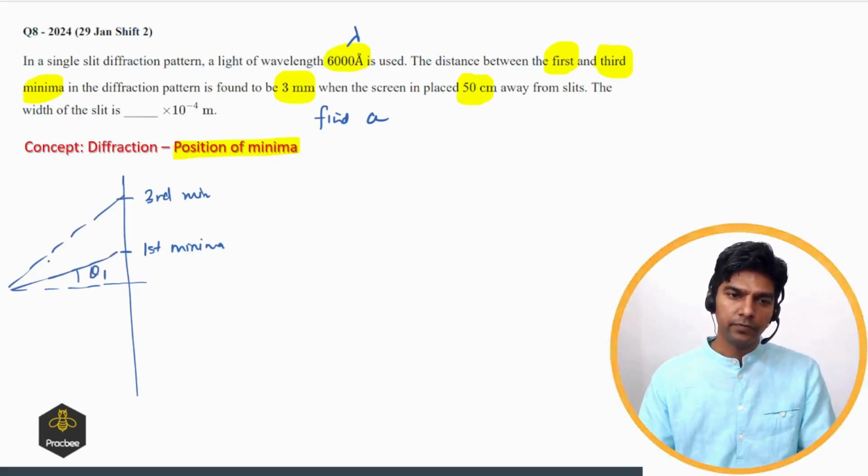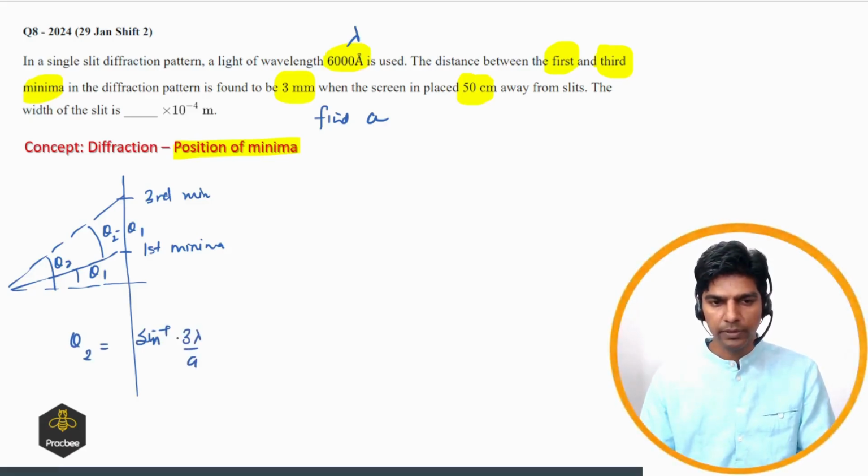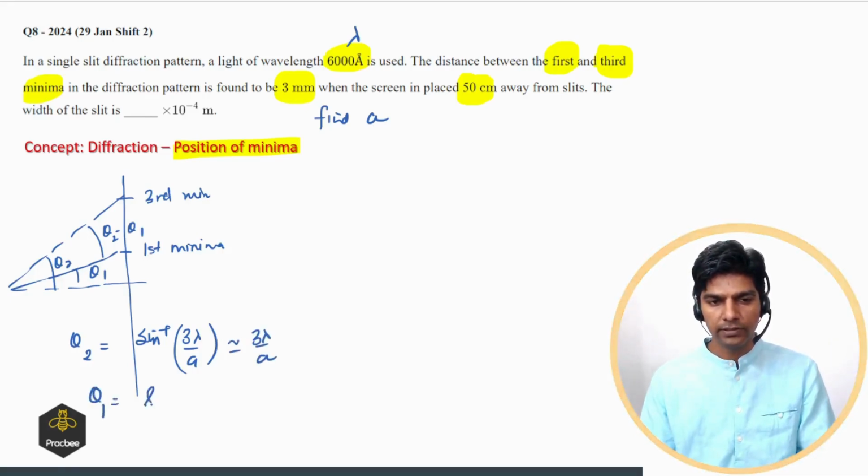This angle is theta 1, this angle is theta 2, and this angle is, let us say, theta 2 minus theta 1. Now theta 2 is nothing but sine inverse 3 lambda by a. And since the angle is very small, this can be written as 3 lambda by a. Similarly, theta 1 can be written as sine inverse lambda by a, which is nearly equal to lambda by a.